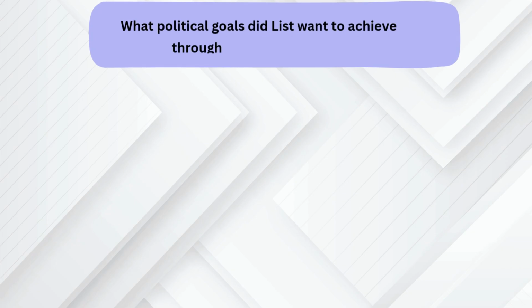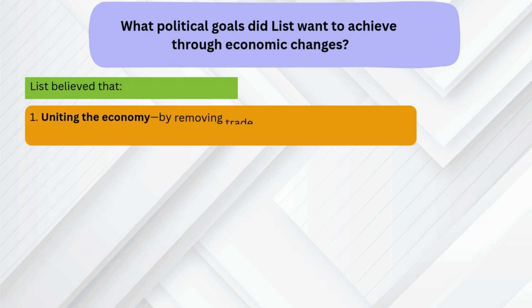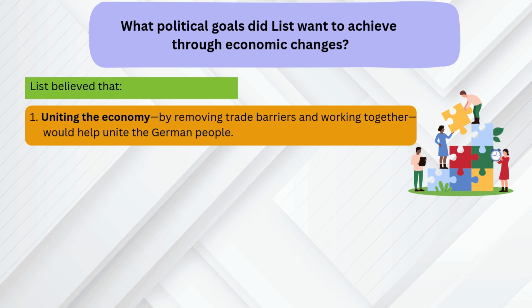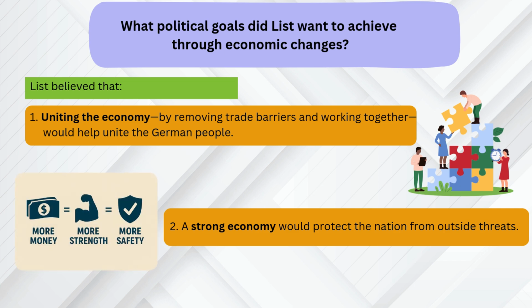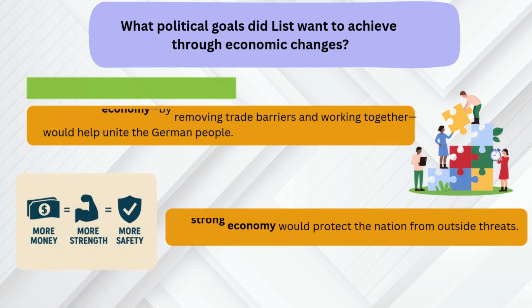Now, what political goals did List want to achieve through economic changes? He believed uniting the economy by removing trade barriers and working together, it will help unite the German people. A strong economy would protect the nation from outside threats. More money, more strength, more safety.